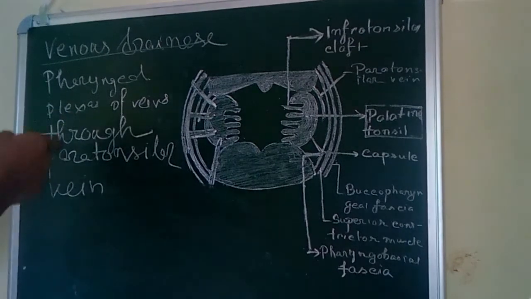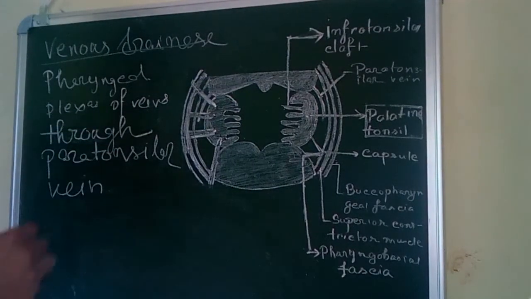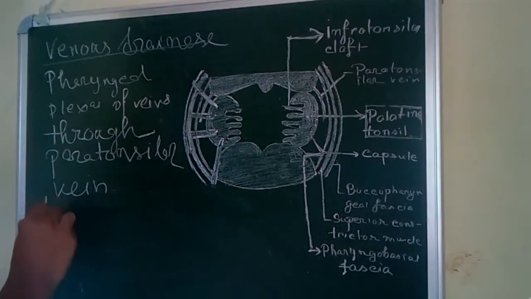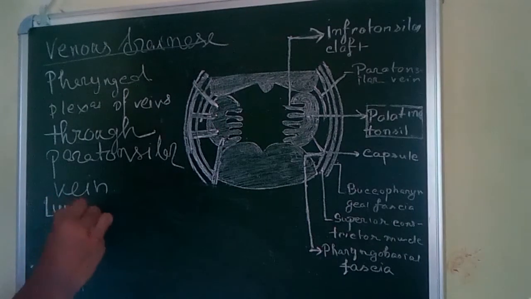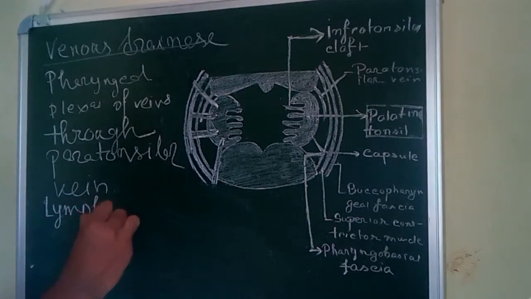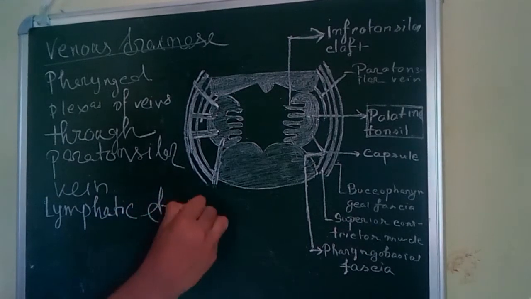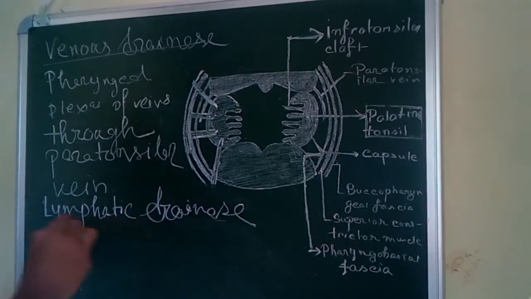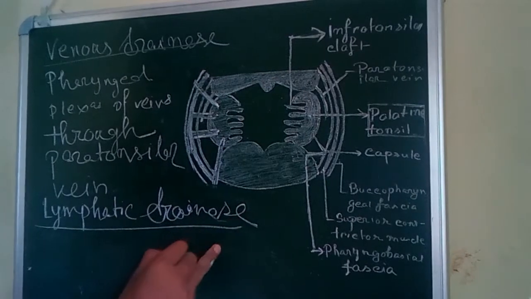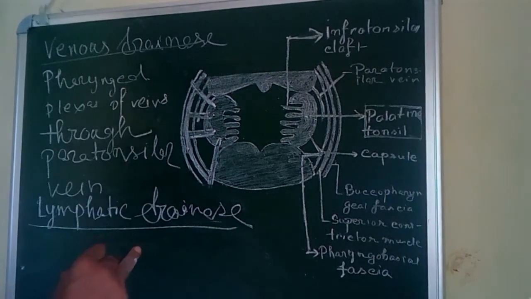Now the lymphatic drainage. Lymphatics from the tonsil drain into the jugulodigastric lymph nodes.